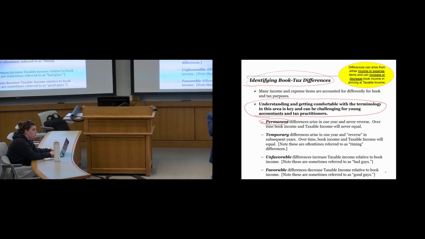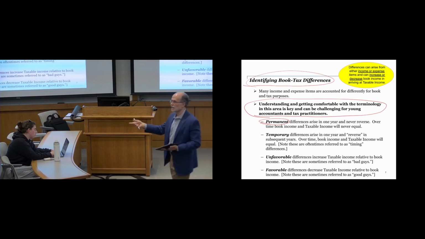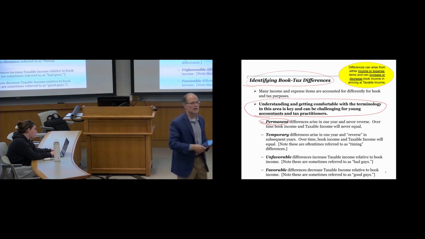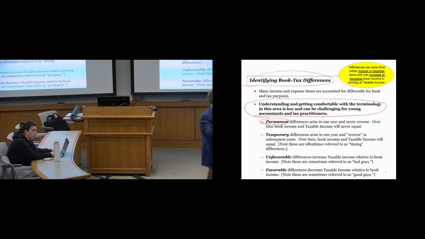Same thing for expenses. Is it in book income or is it not in taxable income? It's permanent, meaning that it will never reconcile, never equal. Some items the accounting rules just treat differently than the tax rules and vice versa, and they never equal at some point in time in the future.